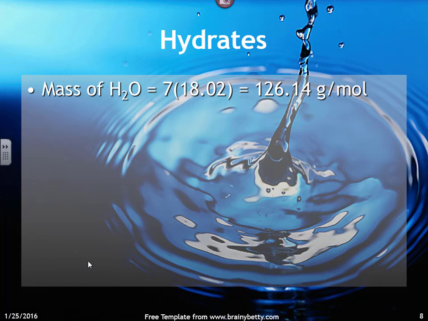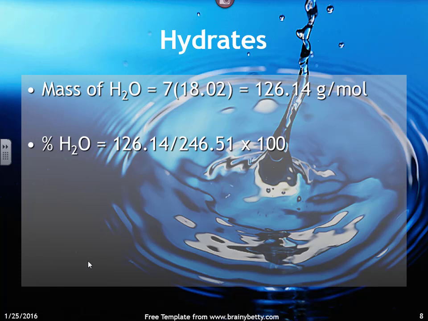Then we need the mass of the water by itself. 7 times 18.02 is 126.14 grams per mole. And we have our part and we have our total. So the last thing we need to do is divide. So 126.14 divided by 246.51 times 100 to make it a percent.